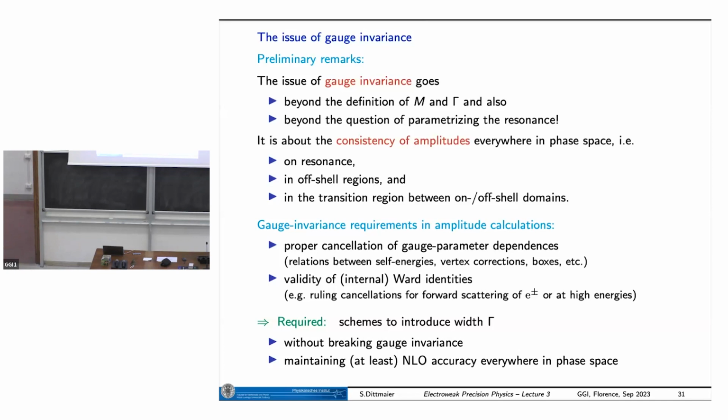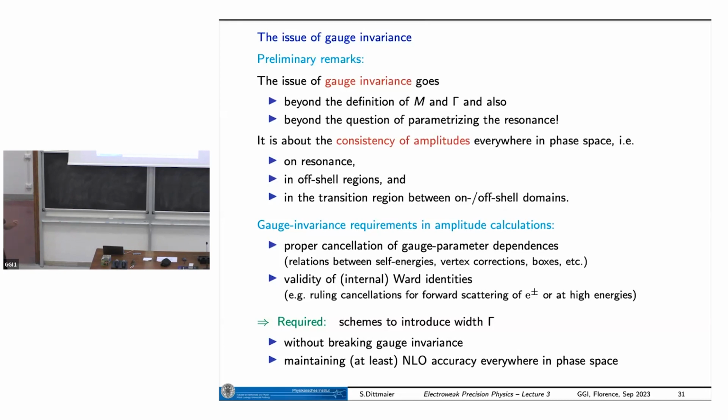And what does it mean to respect gauge invariance in amplitude calculations? Basically two things. First of all, I was very brief in the first lecture about gauge fixing. There's this gauge parameter that comes with the gauge fixing functionals. Like in a covariant gauge, for a gauge field A you add to the Lagrangian (∂A) squared, and you can put any prefactor, typically a 1 over xi in front of it.